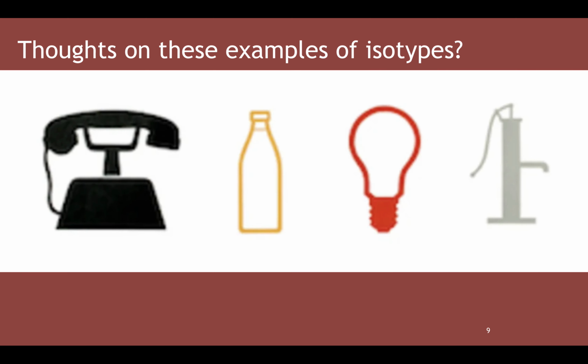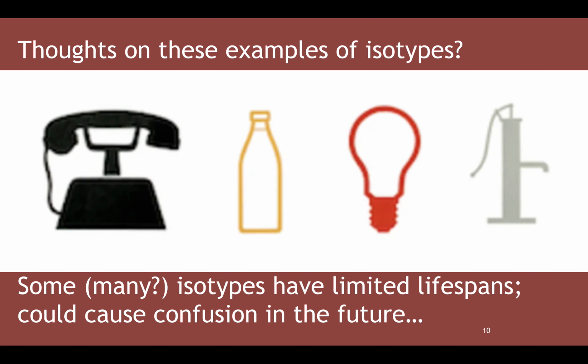To fill out that idea, look at these four specific isotypes, 1, 2, 3, and 4. Some of you may be thinking the following. Some, maybe even many isotypes have very limited lifespans and could cause confusion in the future. For example, let's just focus on the one on the far left. An old school dial-up telephone.